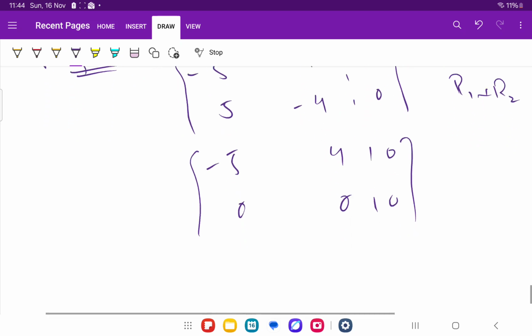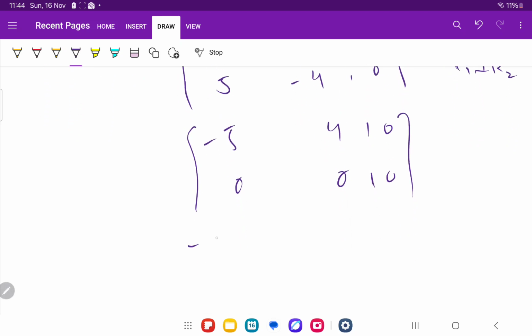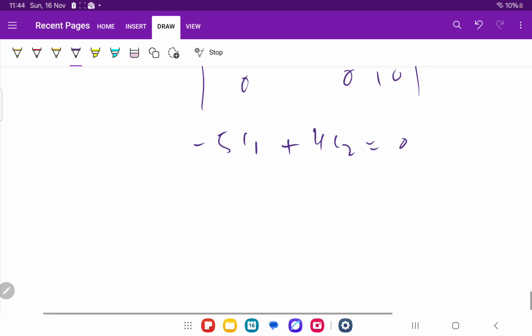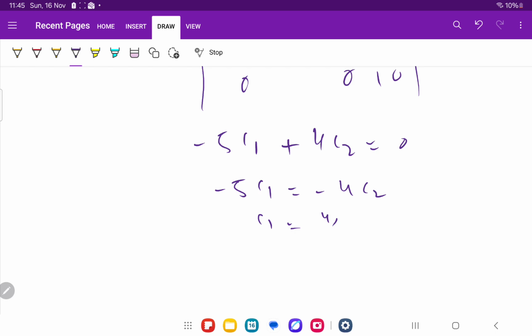And we are remaining with minus 5 C1 plus 4 C2 equal to 0. Okay? Now we just need to simplify. Minus 5 C1 is equal to minus 4 C2. So minus minus cancel. So C1 is equal to 4 by 5 C2. Okay?